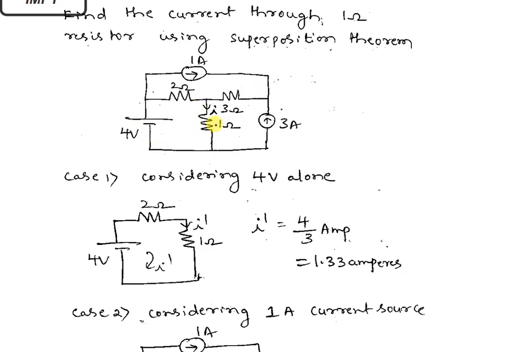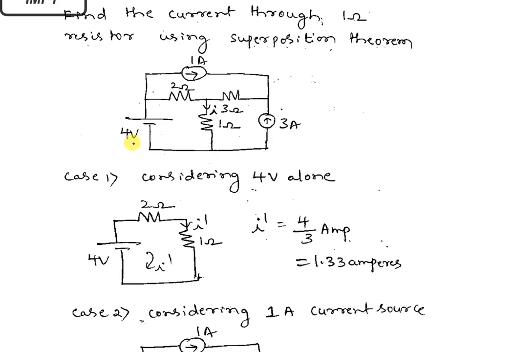You have to find I dash, I double dash and I triple dash, and according to the superposition theorem the overall response is the algebraic sum of I dash plus I double dash plus I triple dash, where all those are individual responses, with only one source acting at a time. Now let us consider case 1.